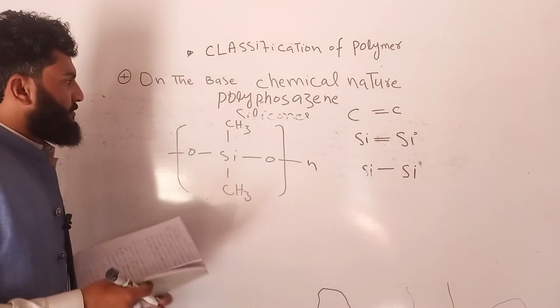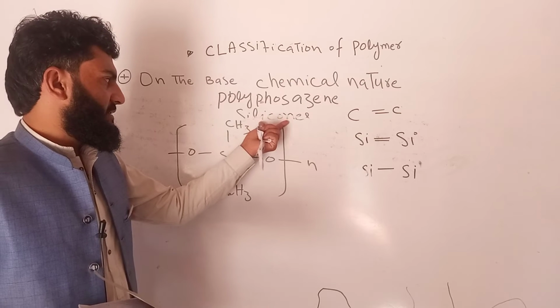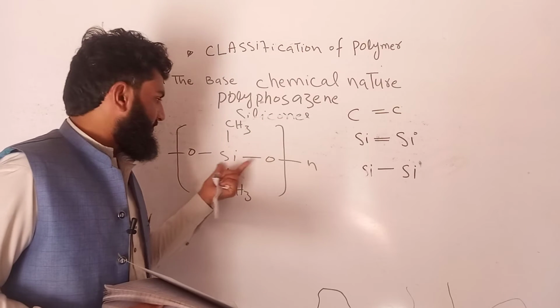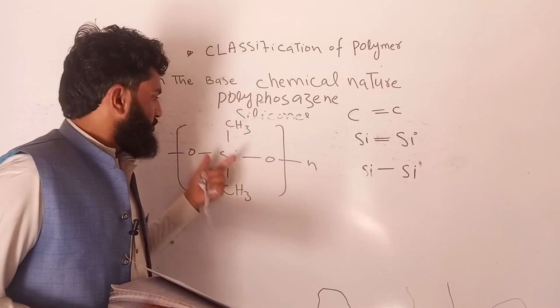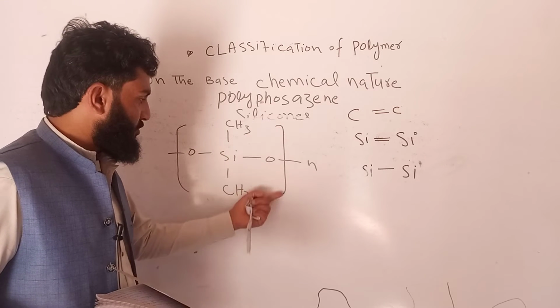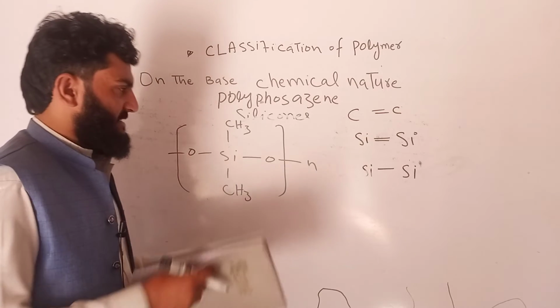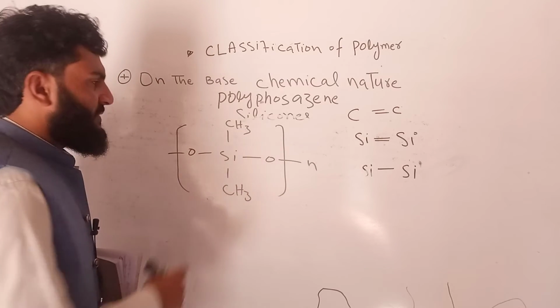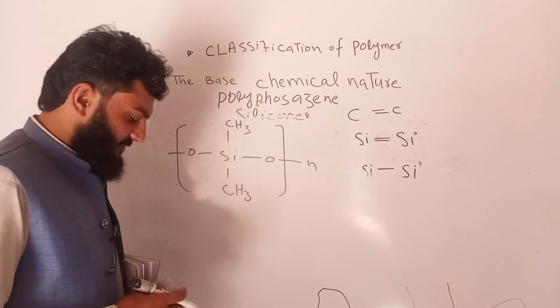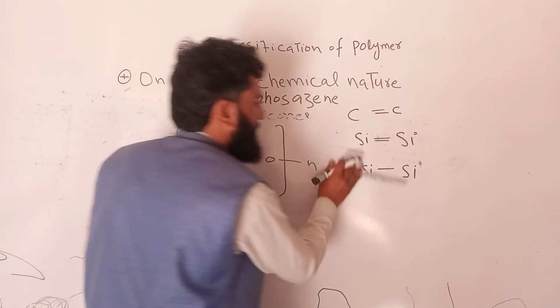Silicon forms different types of polymer, and this unit may be repeated in this form.